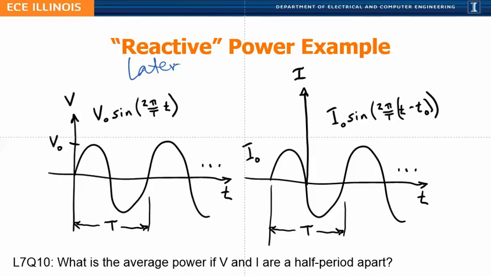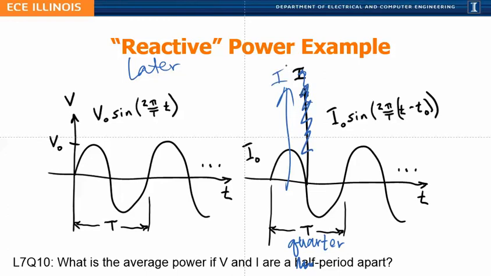Actually the question really should have been for a current waveform that's shifted by a quarter of a period with respect to the voltage waveform. It would look something like this, not like this, but like this.